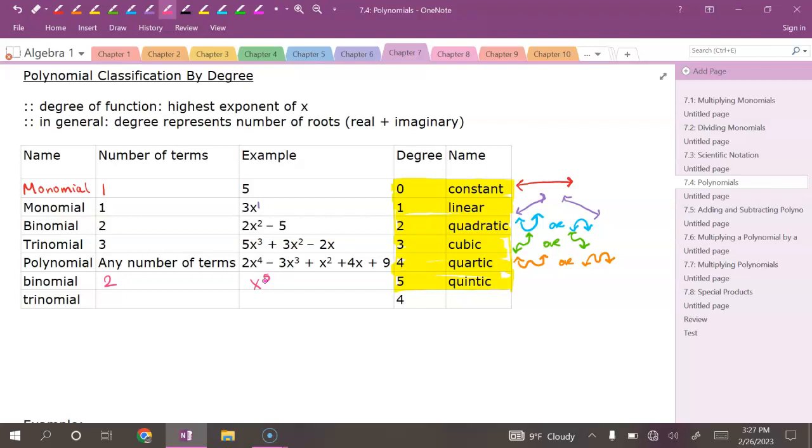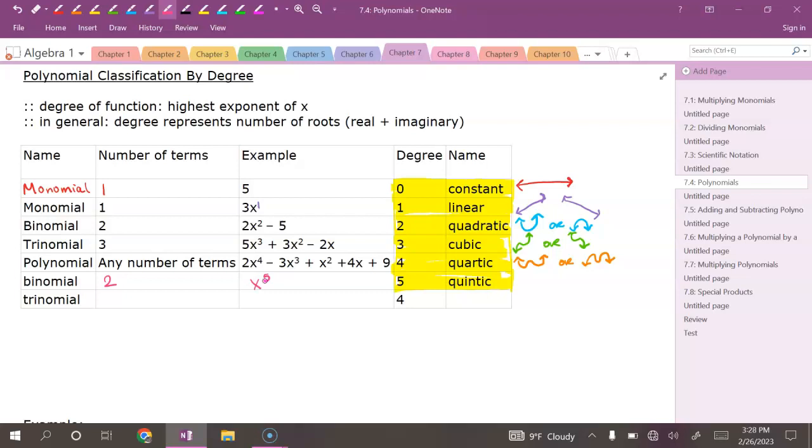Then you need a second term. The second term could be anything you want. It can be another number, or another number and a letter. The only thing you have to make sure of is that you don't give it an exponent that is 5 or bigger. You need an exponent that is smaller than 5. So you could have an x to the 4th, an x to the 3rd, an x squared, or just an x, or you could have just a number.